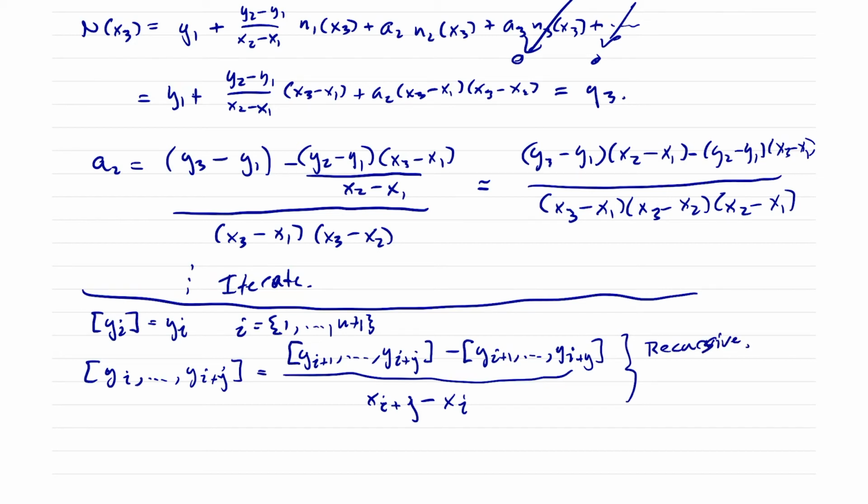Then it turns out that we can write a_j is going to be equal to y naught up to y_j.